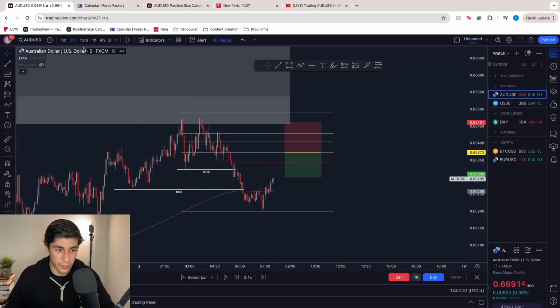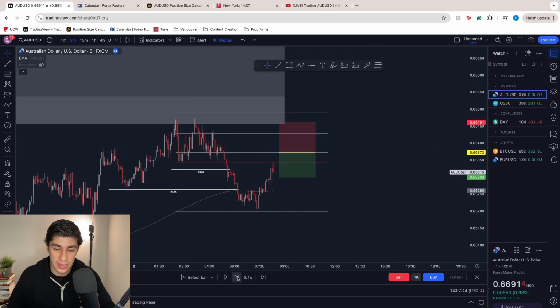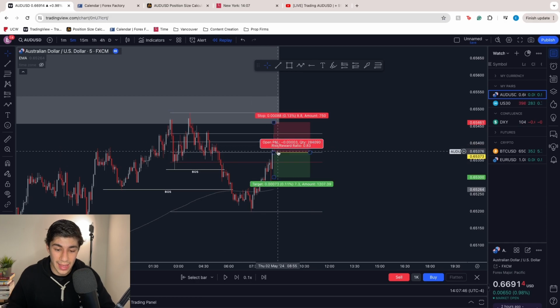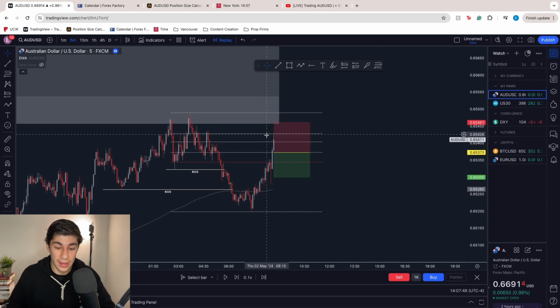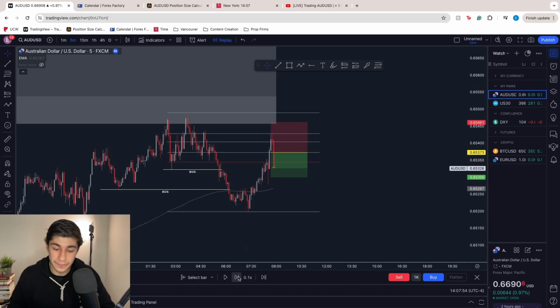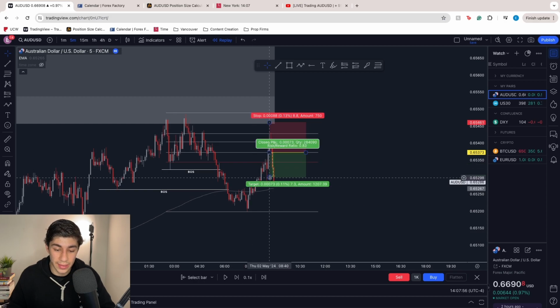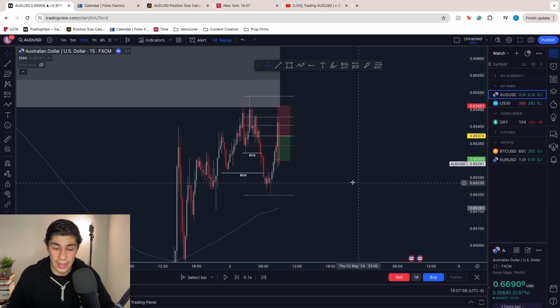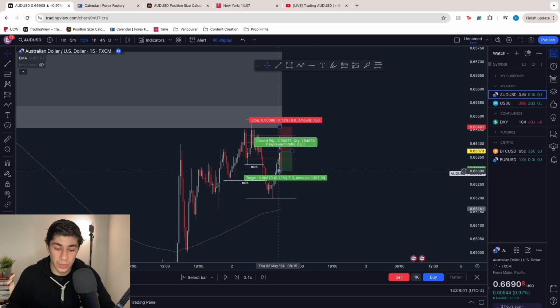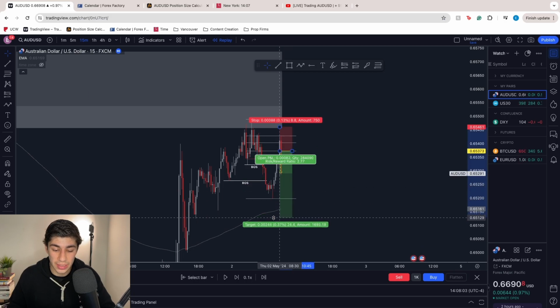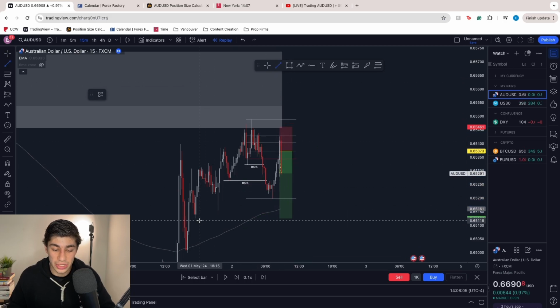So if we move forward, we can see that price reached my entry and it went very, very high. At this point, I said basically, okay, it's going to be an instant stop loss, but price ended up rejecting, right? Oh, I forgot to mention my take profit was around this area here initially, because I consider these two lows as liquidity.